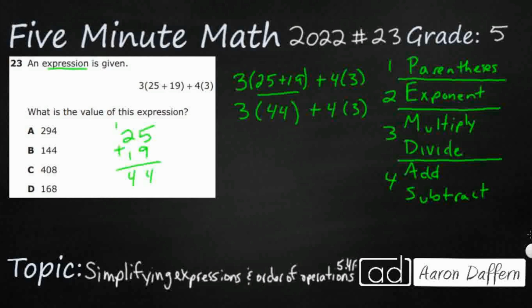Here's the interesting thing. I could also rewrite this as 3 times 44 plus 4 times 3. When you have a number outside of a parentheses, it is implied that it is going to be a multiplication. We just don't really know what to do with multiplication anymore.